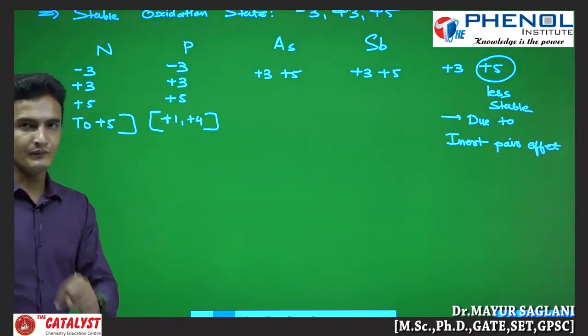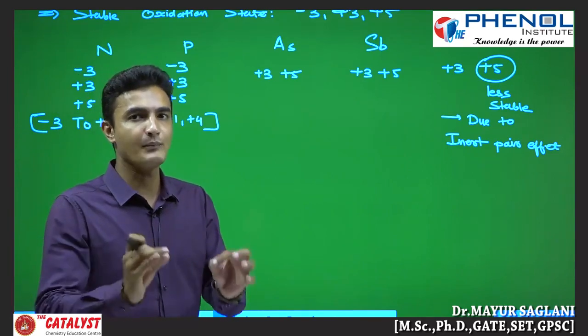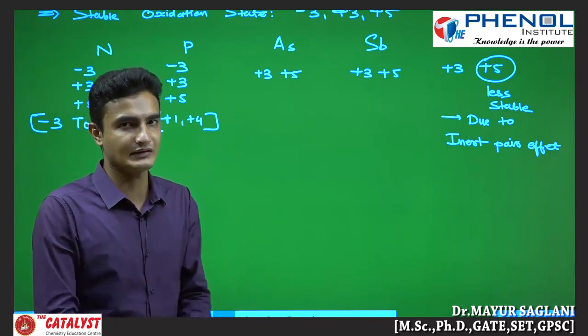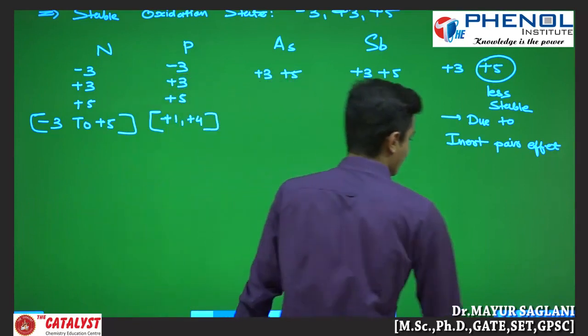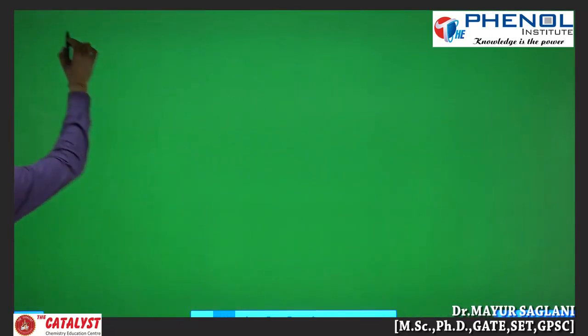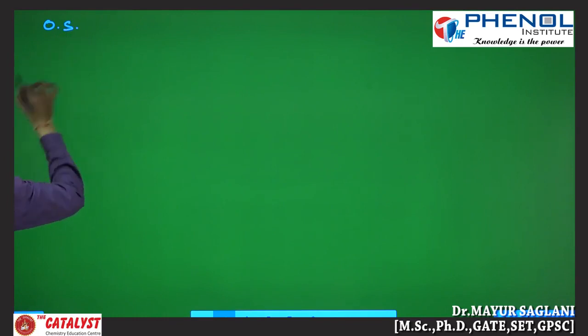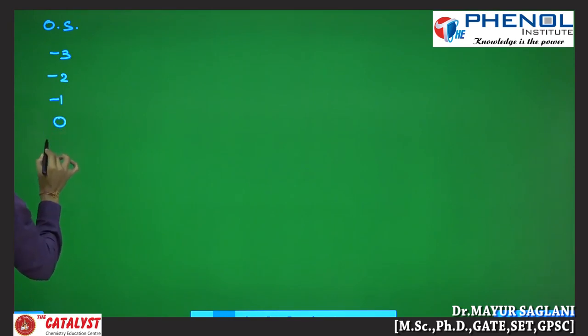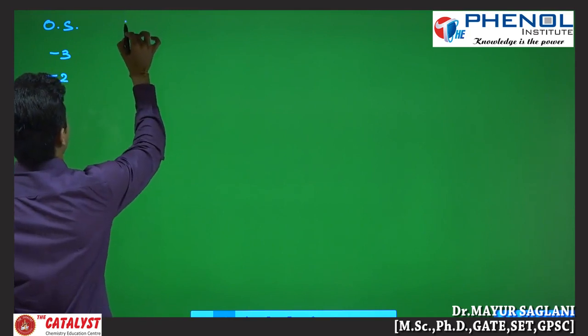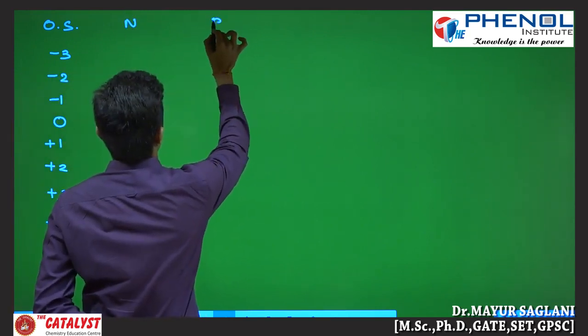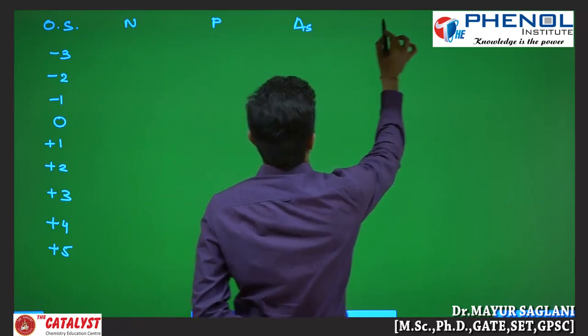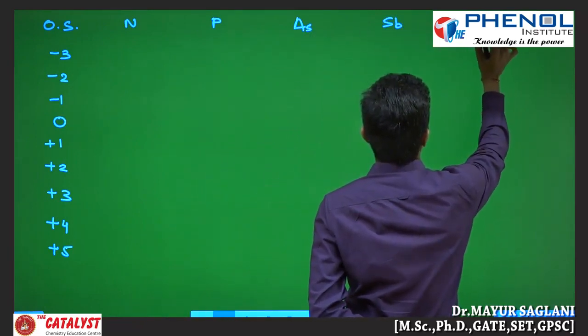We'll write one small table showing the compounds in which the element shows a particular oxidation state, with oxidation states -3, -2, -1, 0, +1, +2, +3, +4 and +5, and the elements nitrogen, phosphorus, arsenic, antimony and bismuth.